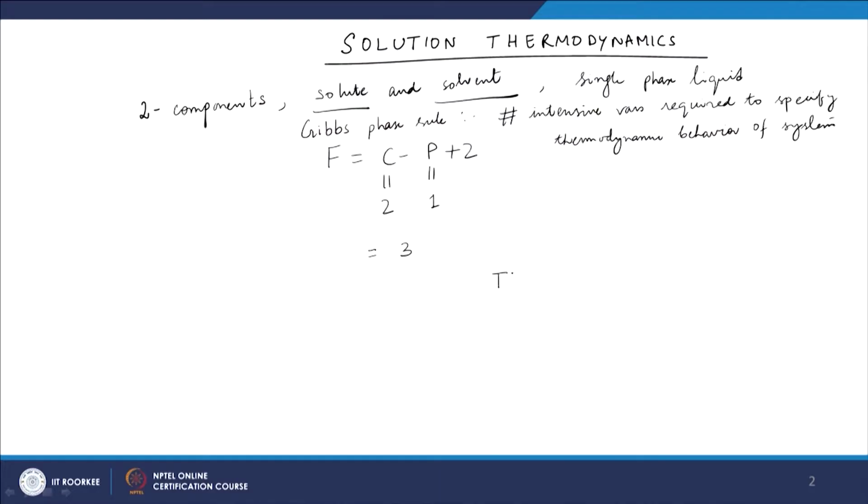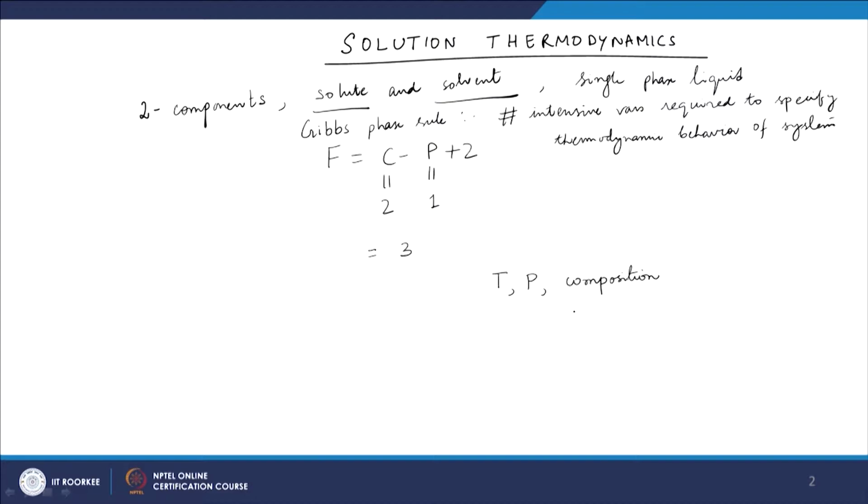Now we can make various choices, again keeping in mind the idea that we discussed regarding the conjugate variables. So let us say I pick temperature, pressure and composition. So composition I can specify in two ways.